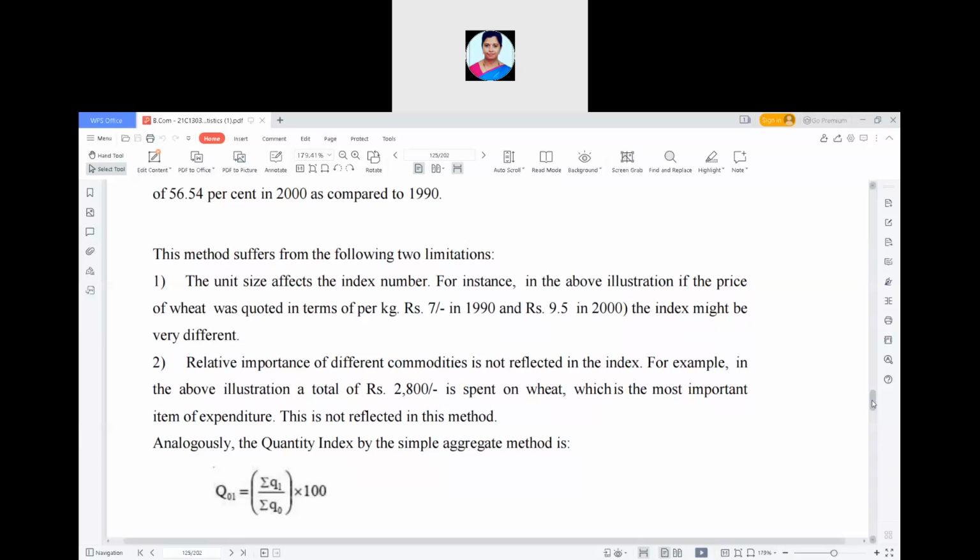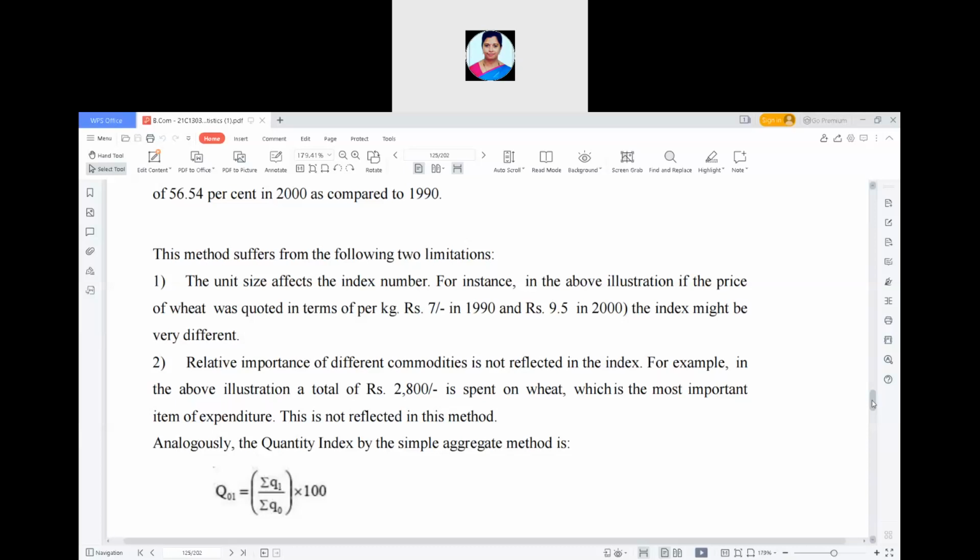For example, in the above illustration, a total of rupees 2,800 is spent on wheat. This is the most important item of expenditure, but this is not reflected here. Okay, so how do we do the analogue? The quantity index by the simple aggregate method, Q01, is given by summation Q1 by summation Q0 into 100.